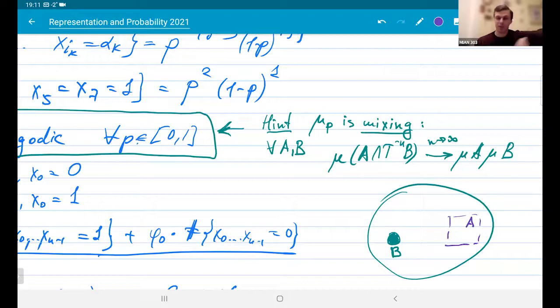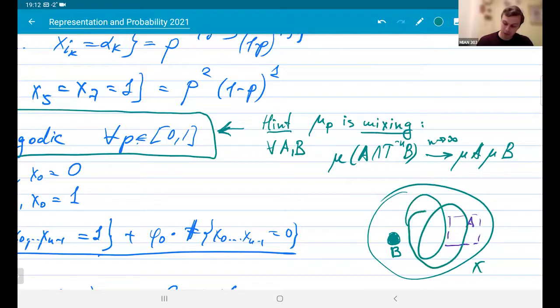So B is somehow squished throughout our phase space, throughout our X. And so its image is something like this, well, pre-image is like this. And you say that the amount of this image inside A is proportional to the area of A. Well, it should be proportional in the limit, of course, to this A.